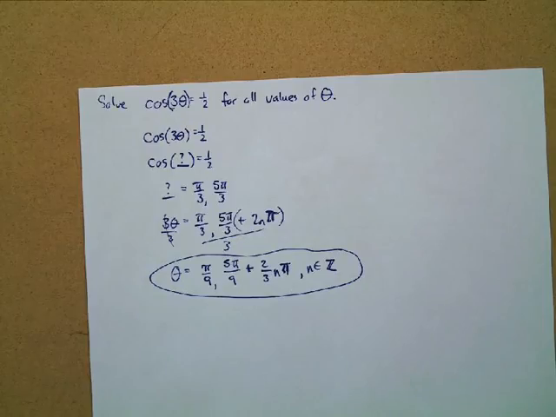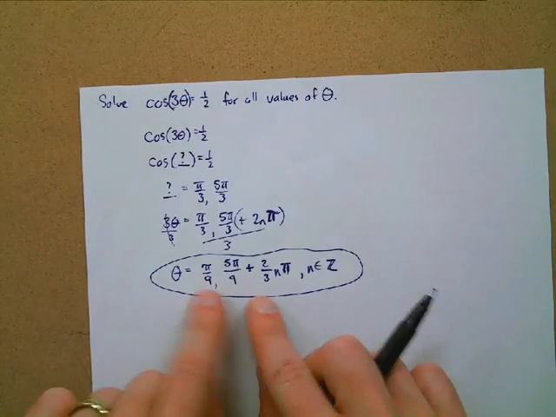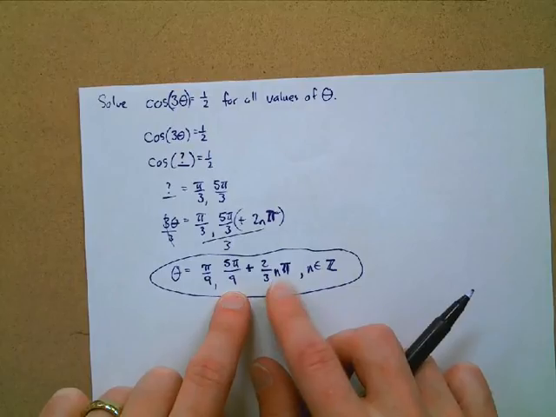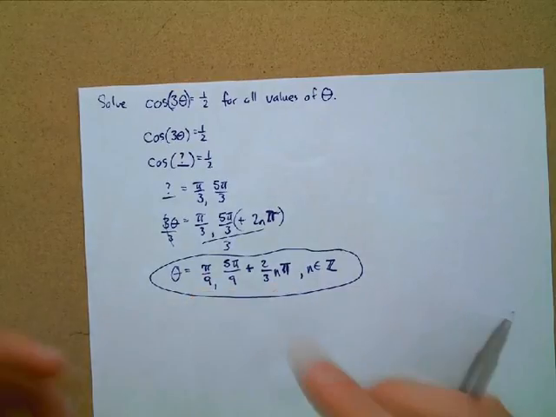It's kind of not right, though, because the way I've written it here, it implies it's just the 5 pi over 9 that's adding the 2 pi n over 3 and not the pi over 9. So maybe I should put parentheses here, and then plus 2/3 n pi. Maybe that would make more sense. But now this just looks ridiculous, with all these symbols thrown in there. But yes, you do want to indicate that both of these things are adding the 2/3 n pi too.